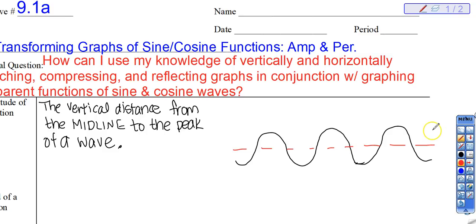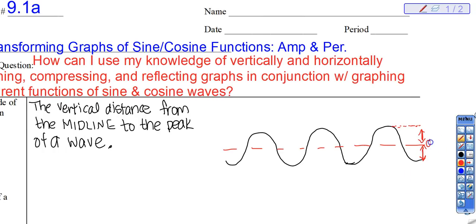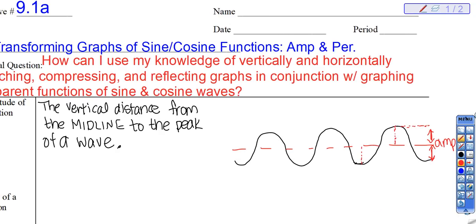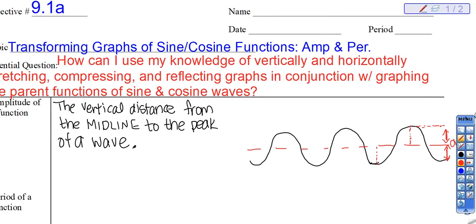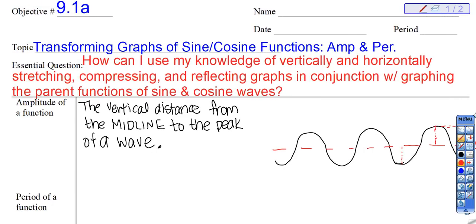Your amplitude would be that distance from the peak to the midline, or you could also go from a trough to the midline. But this is what we call the amplitude. The distance from the midline to the peak. So those would be your amplitudes. Okay? Vertical distance, vertical. Questions?